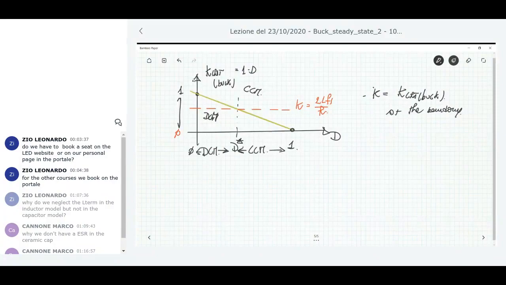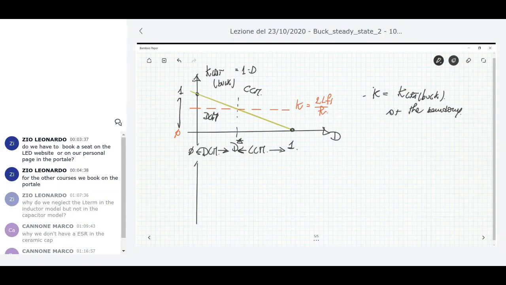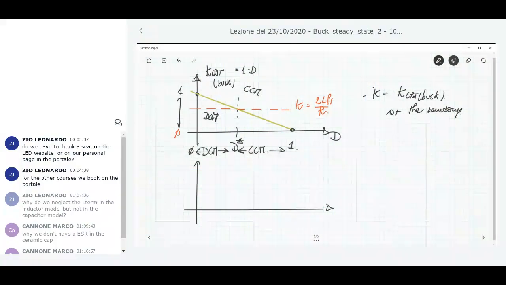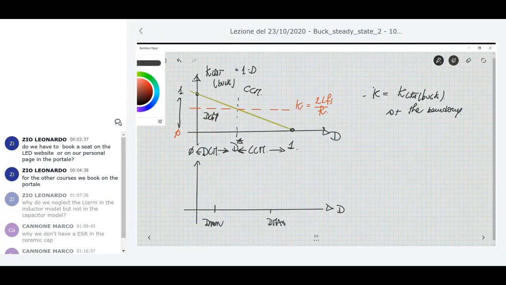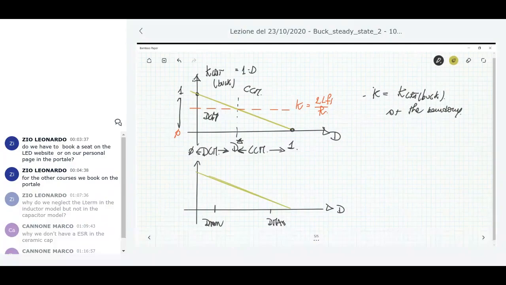If you want to include what I said before about the minimum duty cycle and the maximum duty cycle, suppose that I have two working duty cycles, the minimum and the maximum, that depend on the minimum input voltage and the maximum input voltage. So I have this situation: 1, 0. This is the duty cycle, this is again K critical for the buck converter.